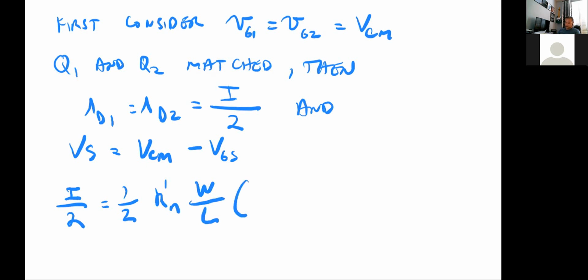So this holds for both transistors. So that's our drain equation. And also the overdrive voltage for both transistors.